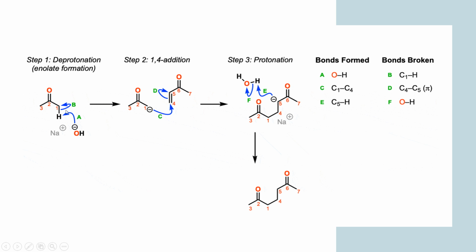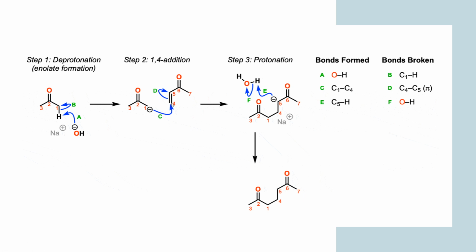So deprotonation first happens to give you enolate from the carbonyl compound, and that enolate will undergo 1,4 addition to this kind of substrate, which you can call an alkyl vinyl ketone. On one side you have alkyl, on one side you have vinyl, so the enolate undergoes addition to this alkyl vinyl ketone.